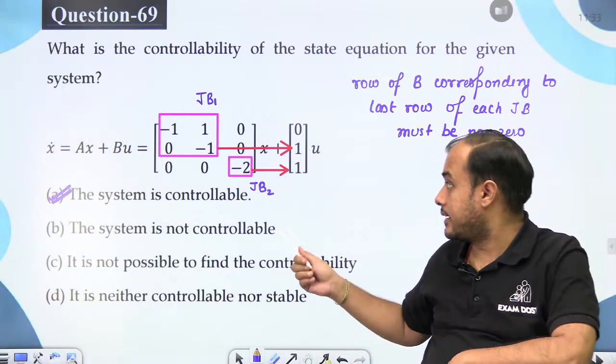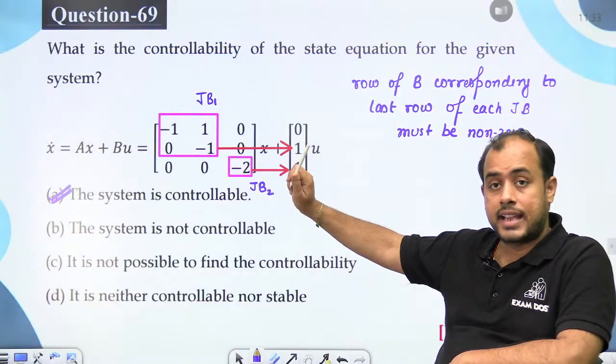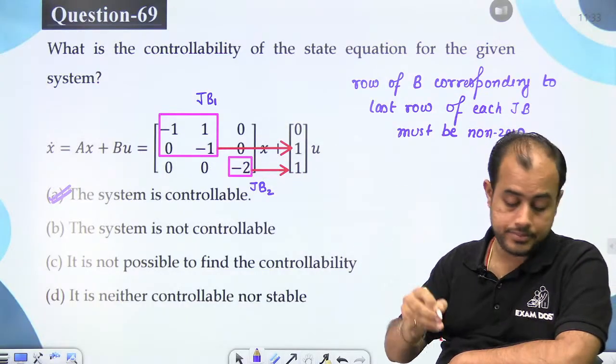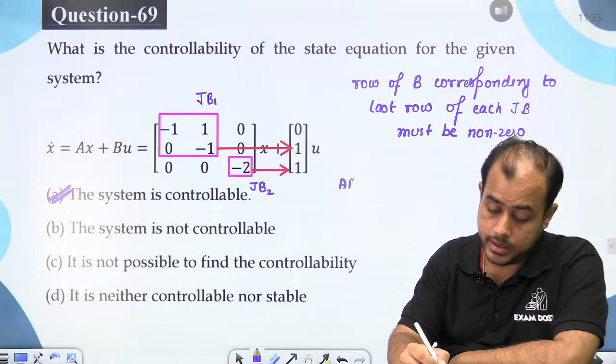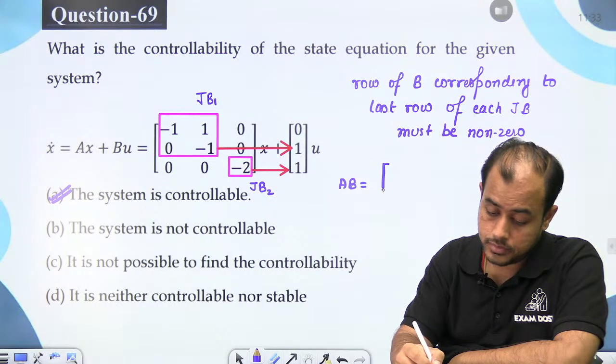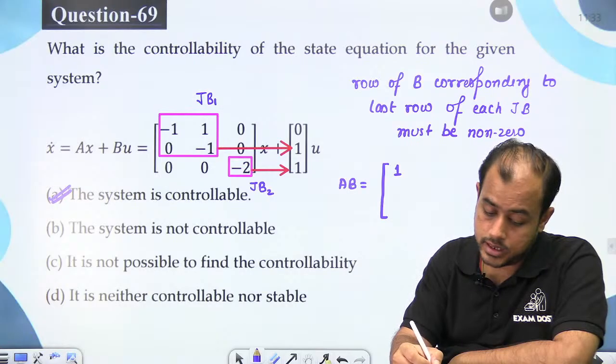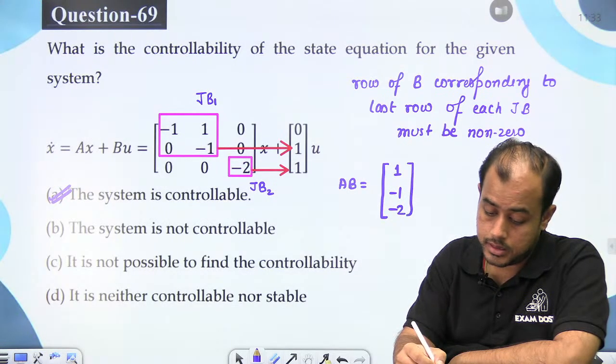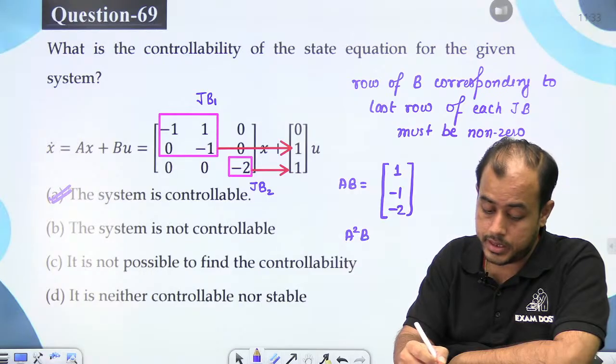अब यहां पे इलेक्ट्रिकल दोस्त अगर आप करते कैलमेंस टेस्ट से तो A इंटू बी निकालते पहले. ठीक है, you will calculate AB, first row into first column, second row into column, third row into column, then A²B.